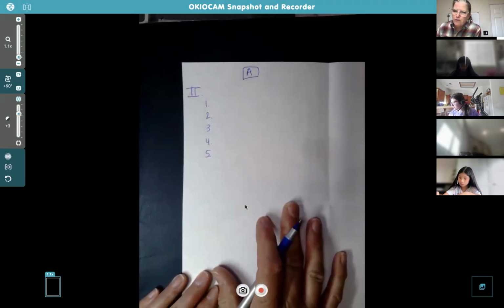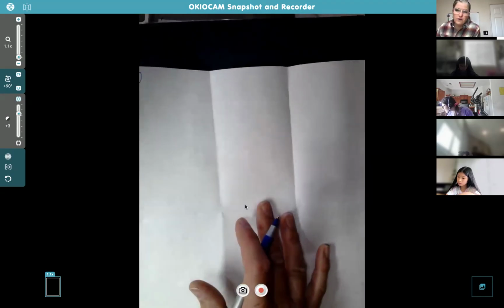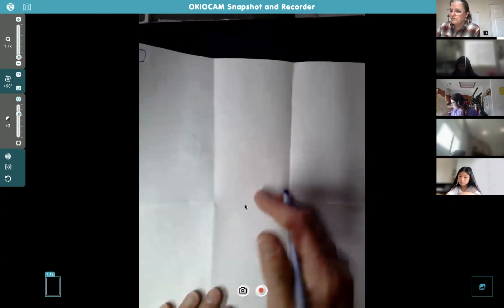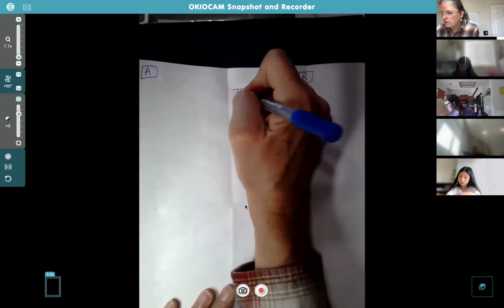And we're not going to put any parentheses around it this time because I'm just going to have you pick 2 sources. Unless you need all 3 sources, you can use all 3 sources. But let's do A and B for Roman numeral 2.